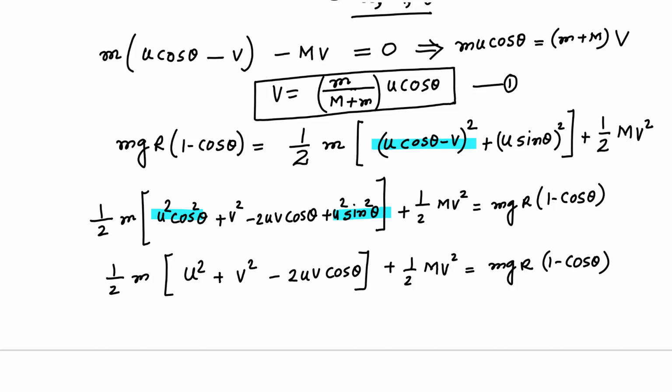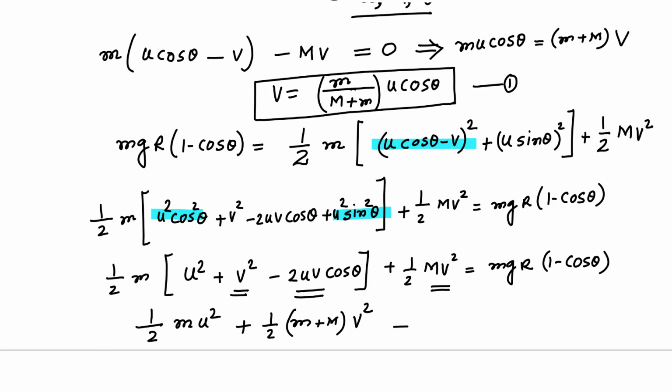So we can rewrite this as half m u squared, and there is a v squared and also a v squared, so we can write half (m plus M) v squared, and this term will be there.